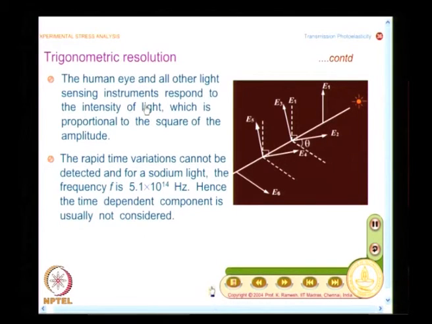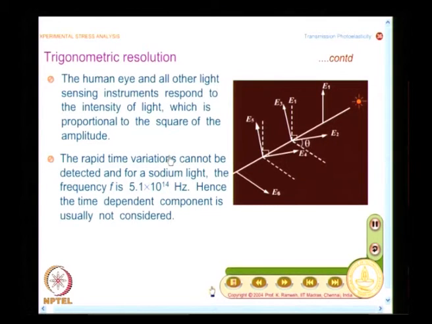Why we always look at the intensity of light is because we respond only to this, and there is a relationship. The intensity is proportional to the square of the amplitude.